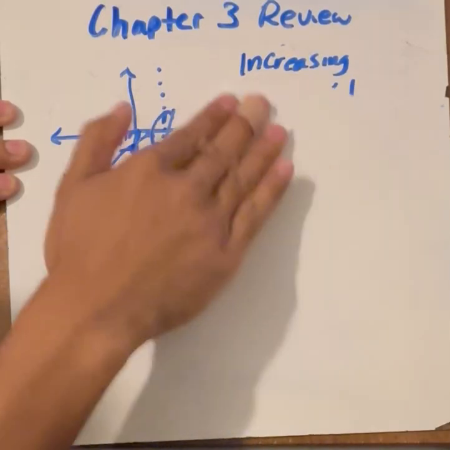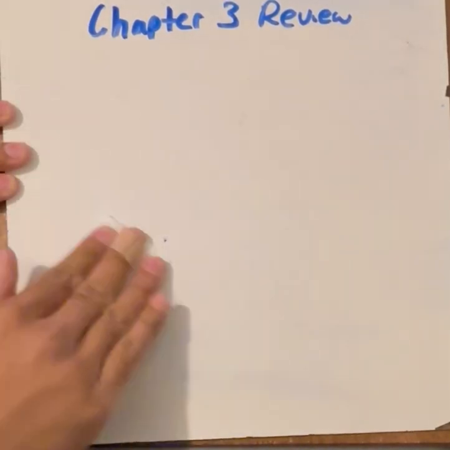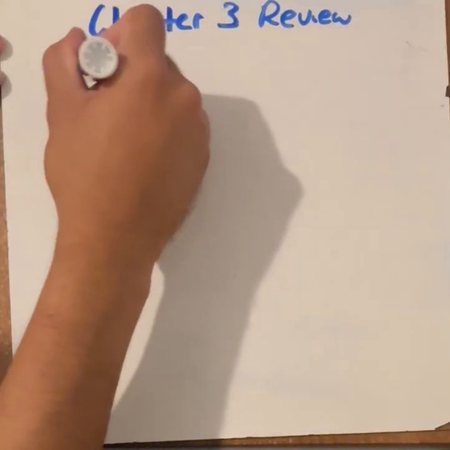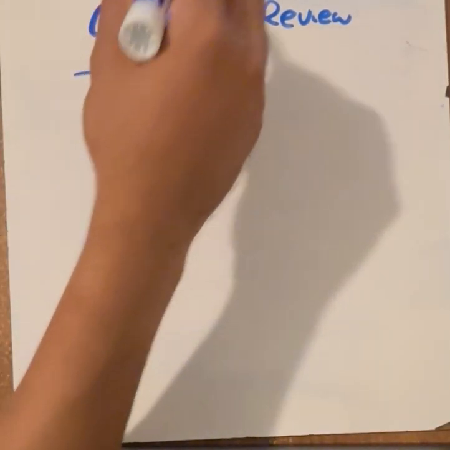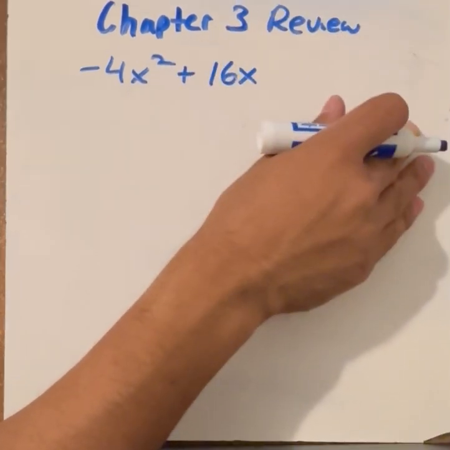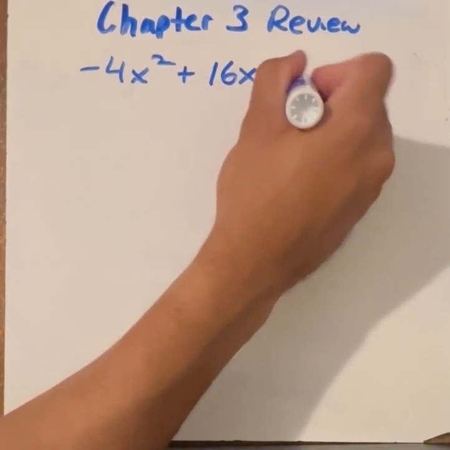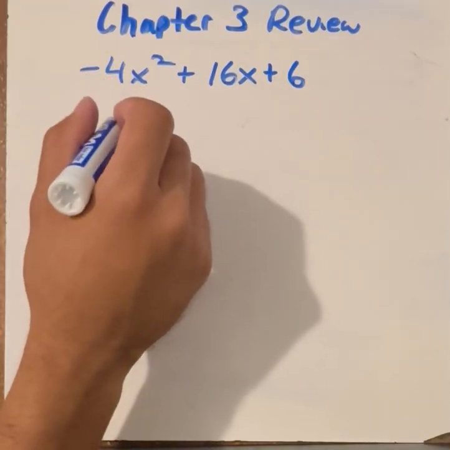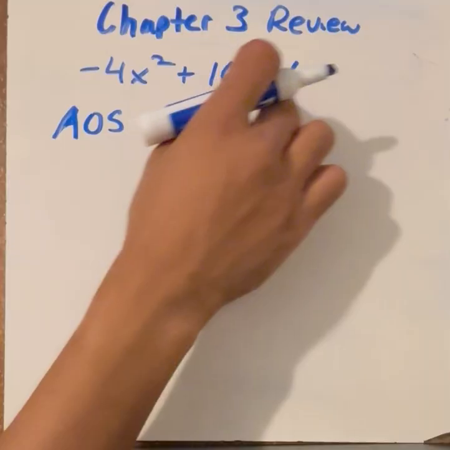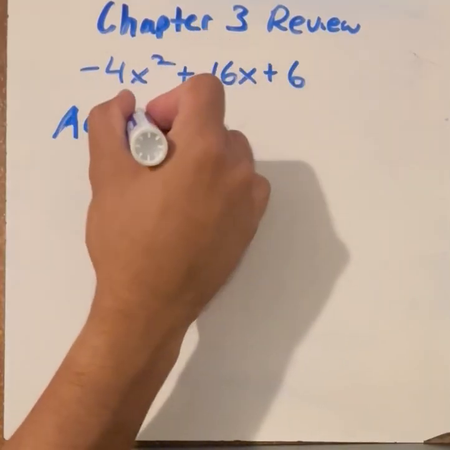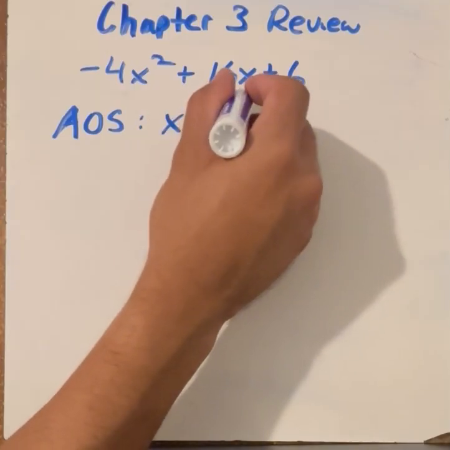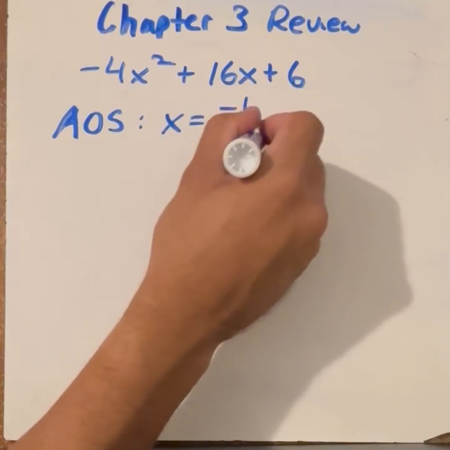All right, so when they give us a function in standard form, like -4x squared plus 16x plus 6, to find the axis of symmetry based on a standard form equation, we're going to use this formula for axis of symmetry that says x equals -b over 2a.